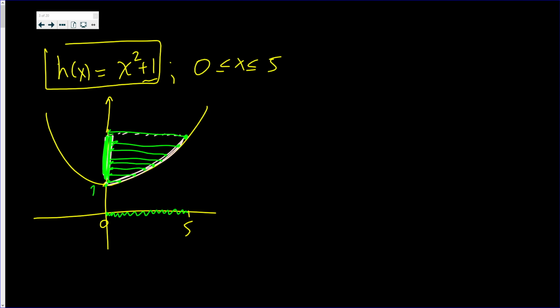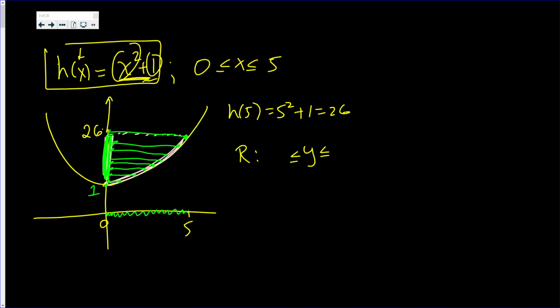Well, I know that value is 1, because h of 0 is 0 squared plus 1. Now, what is h of 5? It tells me to square what's in the brackets and add 1. 5 squared plus 1, 26. So the range is y is in between 1 and 26.